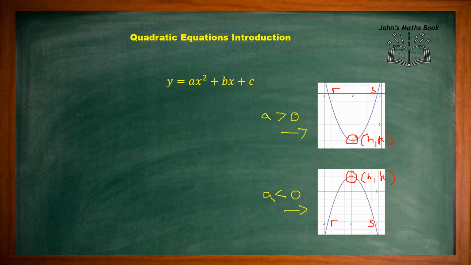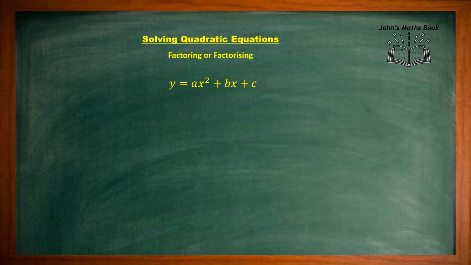Now let's look at different ways we can solve quadratics. One method we can use to find the roots of a quadratic is to use the factoring or factorizing method. This method attempts to find two numbers r and s which when multiplied together give a times c, and when added give b.